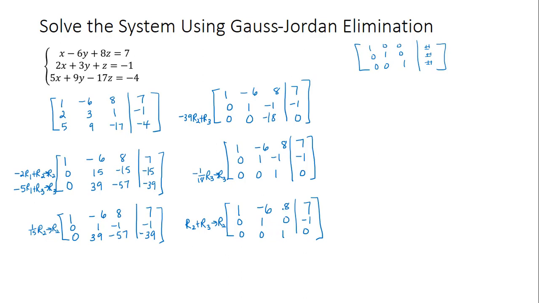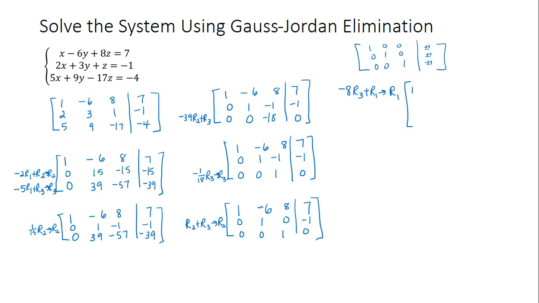So now I need to get a 0 where this 8 is, and I can do that by adding negative 8 to it. And so I'm going to add negative 8 times row 3 plus row 1 to get a new row 1. So negative 8 times 0 is 0, plus 1 is 1.